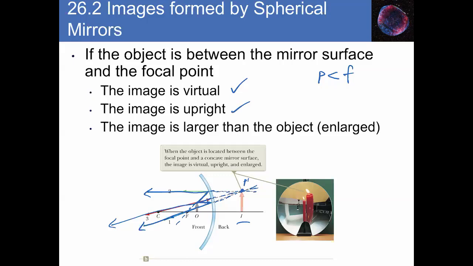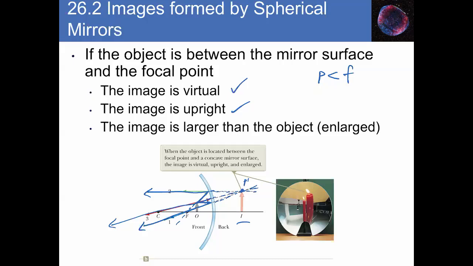Well, upright, in a way you can think of it like it's upright because it has the same orientation as the object. If the object was upside down, then the image will be upside down if it's a virtual image. That means for the virtual image, the image and object orientation are always the same. You can think like that.